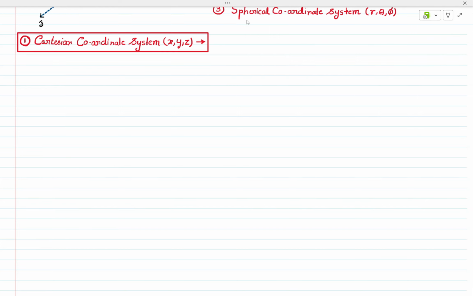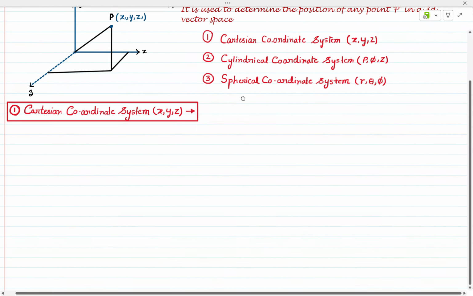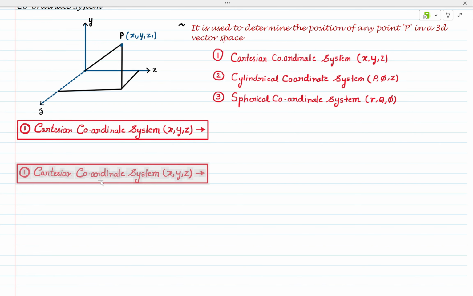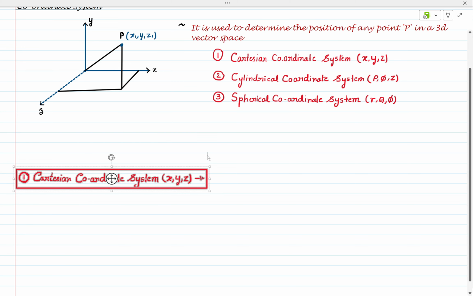But before going to the Cartesian coordinate system, one more thing I want to discuss here. Before going to the Cartesian coordinate system, I want to discuss one more thing, that is the position vector. What? Position vector.